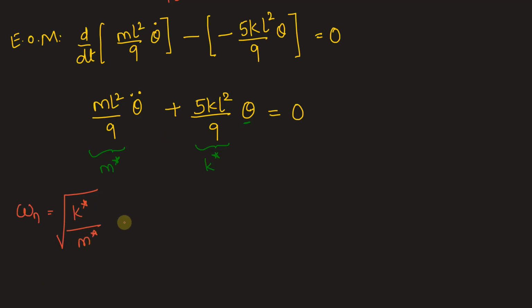Let's substitute these values. We have equal to root over 5k L square by 9 divided by M L square by 9. Just by simplifying this, we have the answer of angular frequency omega n as root over 5k by m.